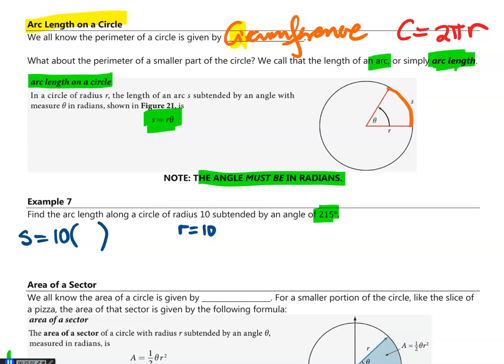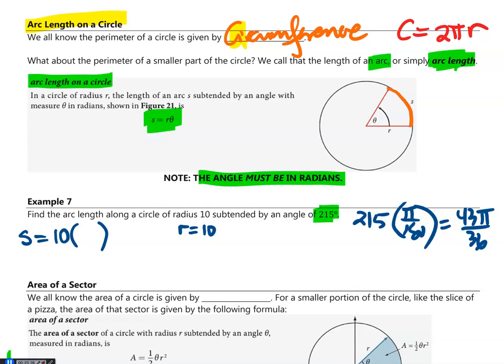So we have 215 here. Let's convert that to radians. We multiply 215 by pi over 180, and if we simplify this, it is 43 over 36 pi.